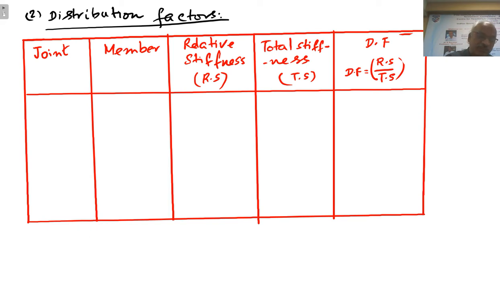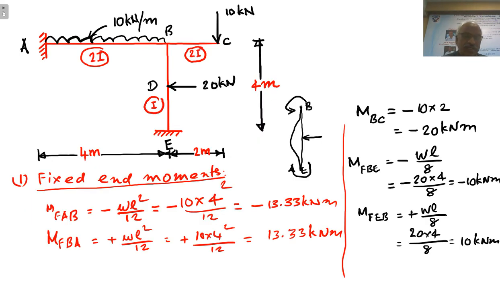Now in this frame, joint A has only one member, so no question of distribution. B has three members, members BA, BE and BC. BC is an overhanging part, so C will not require any distribution.